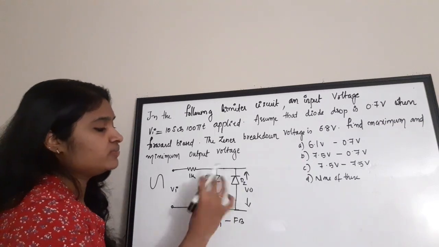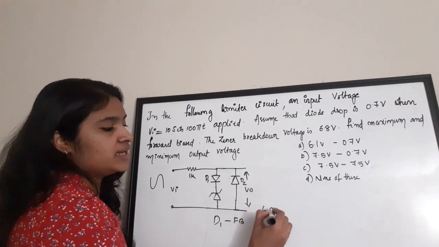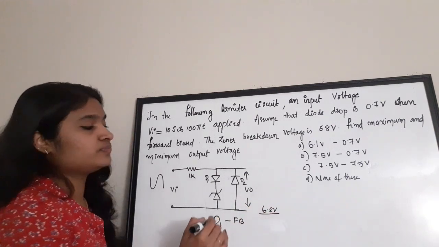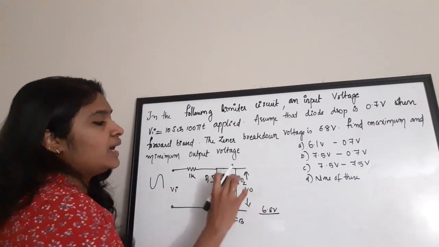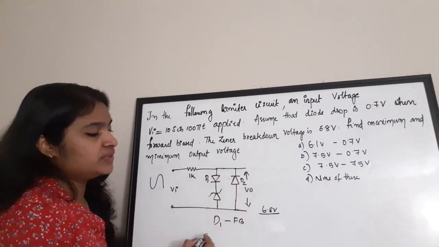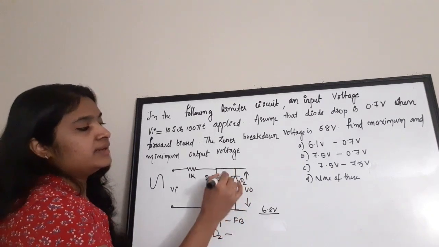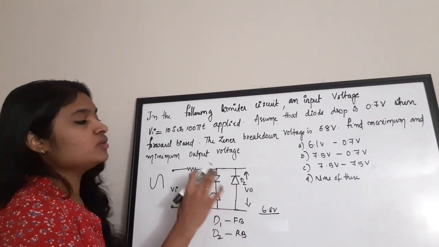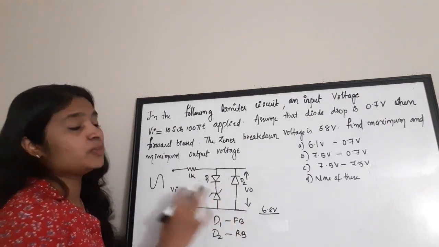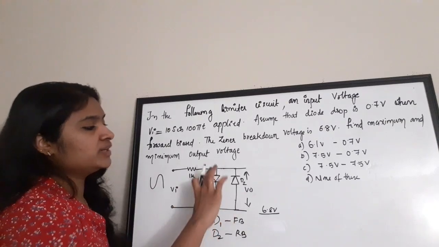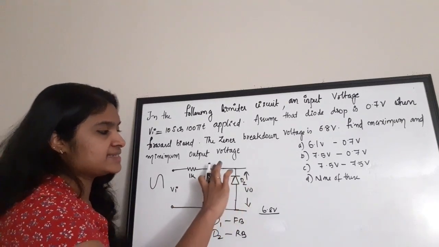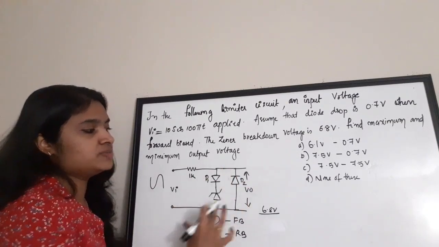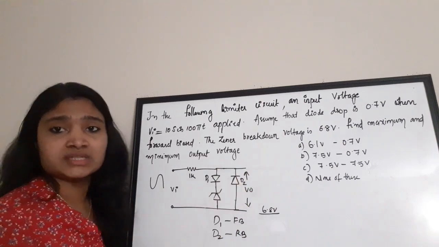The voltage drop will be equal to 6.8 volt across the Zener diode. And what will happen to D2? D2 will be negative and positive, so it will be reverse biased, so it will act as an open circuit. Now what will be the output voltage during the positive half cycle? The output voltage during the positive half cycle is exactly the voltage on this branch, because the other branch will act as an open circuit anyway.